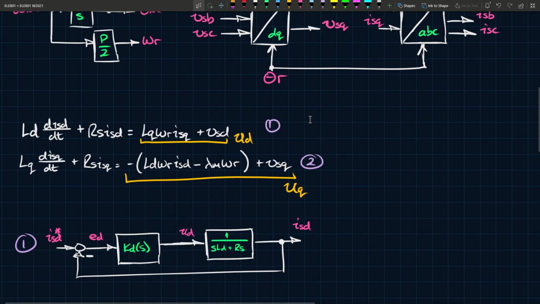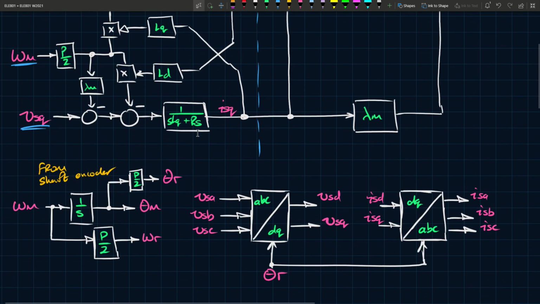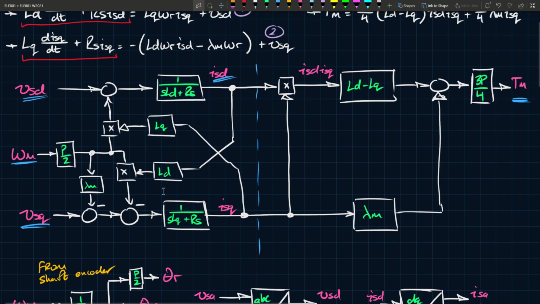But if we go up here, we see that this has this LQ omega R ISQ, right? So if this has LQ omega R ISQ plus VSD, then we need to make sure that we negate the effect.